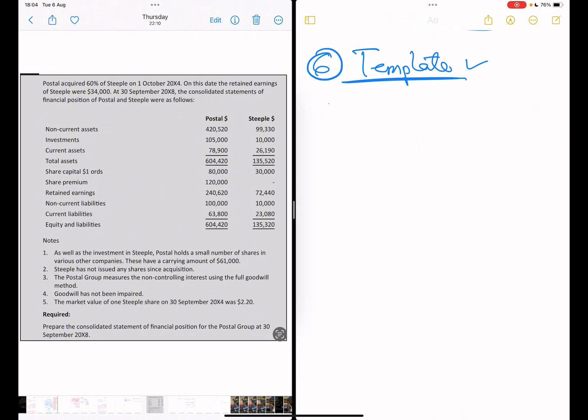I'm going to start with non-current asset, the investment. Before I mention current asset, I'll put goodwill. Remember, we need to introduce that. Then I can go to current asset. And addition of all of that, we have total asset. So that is template for asset.